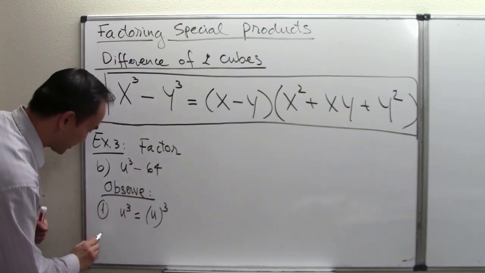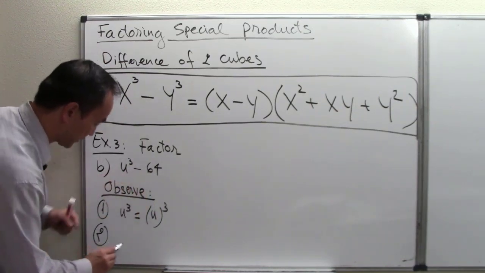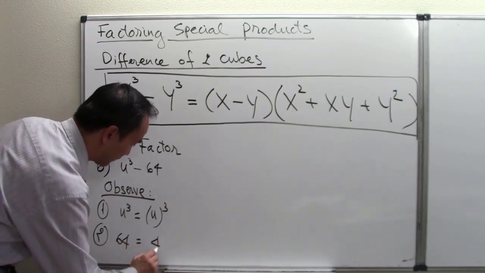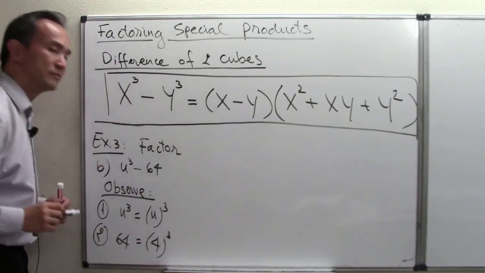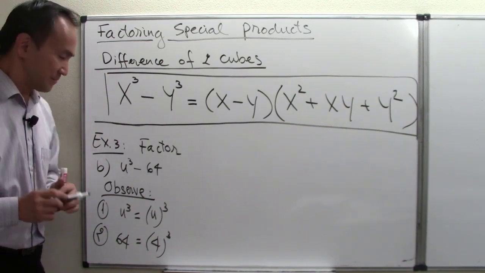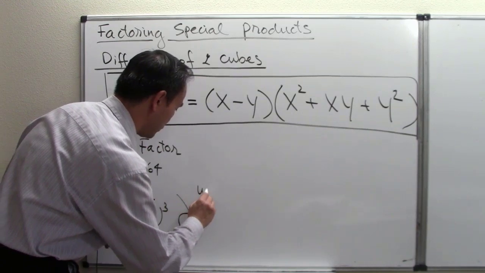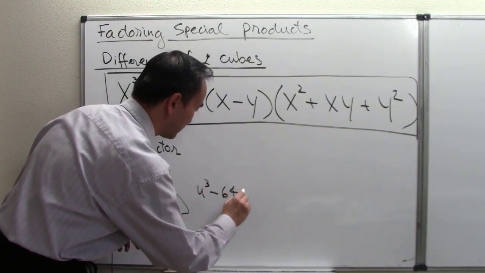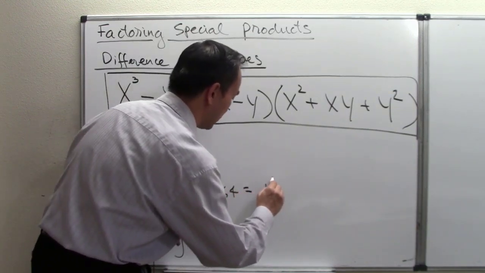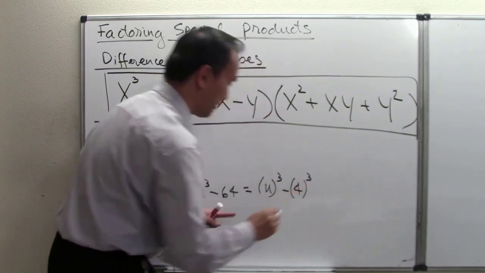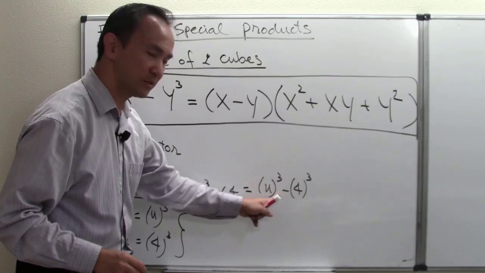And then 64, my next term, is recognized as 4 all cubed. And so I'm seeing u cubed minus 64 can be written as u cubed minus 4 cubed. Now it clearly displays the difference of two cubes here.